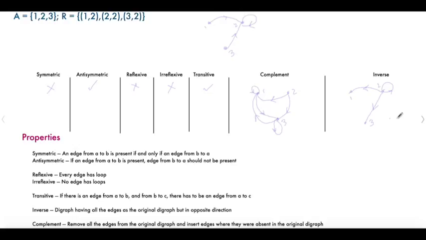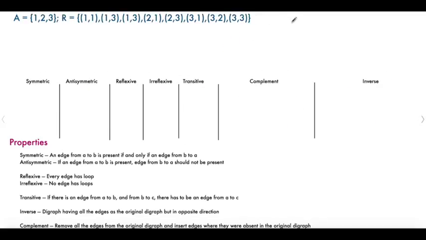Now let's do another one. Now we have a big one here. So we have 1, 2 and 3. We have 1, 1, 1, 3, and 1, 2. I made a mistake here, this should be 1, 2.